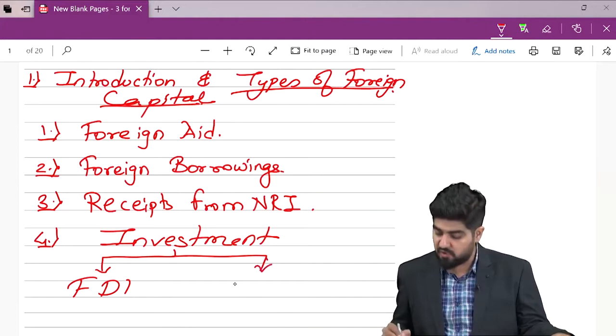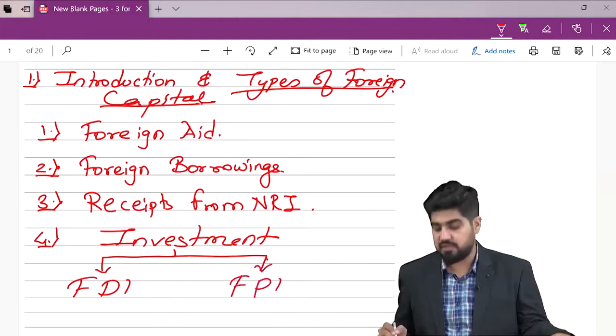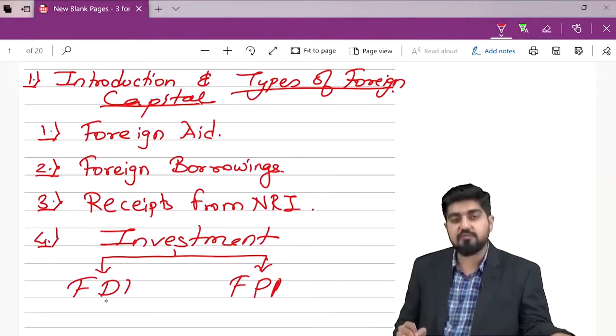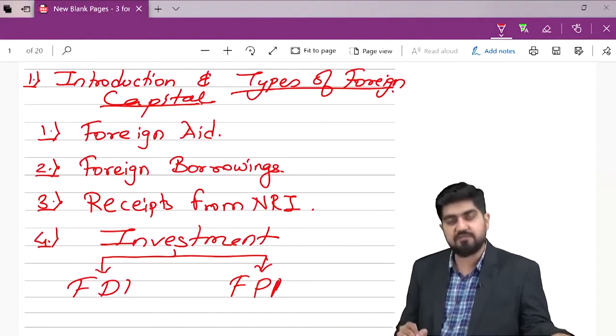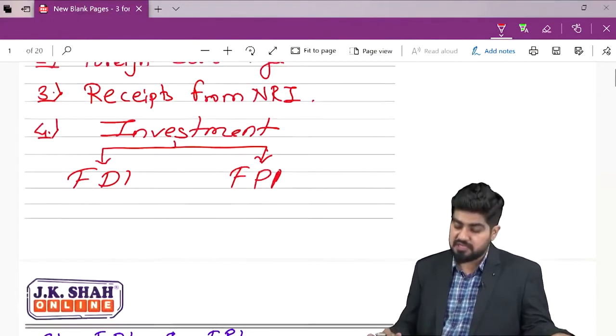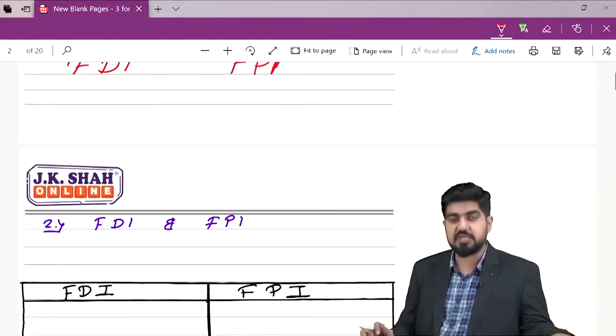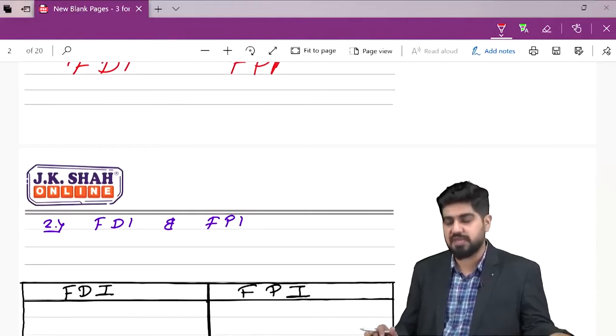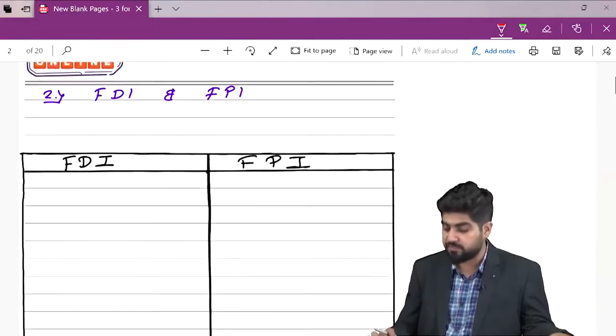The other one is called as FPI, which stands for foreign portfolio investments. Now friends, in the next part, we are going to understand in detail what do you mean by FDI and what do you mean by FPI. So let us begin with the next part.